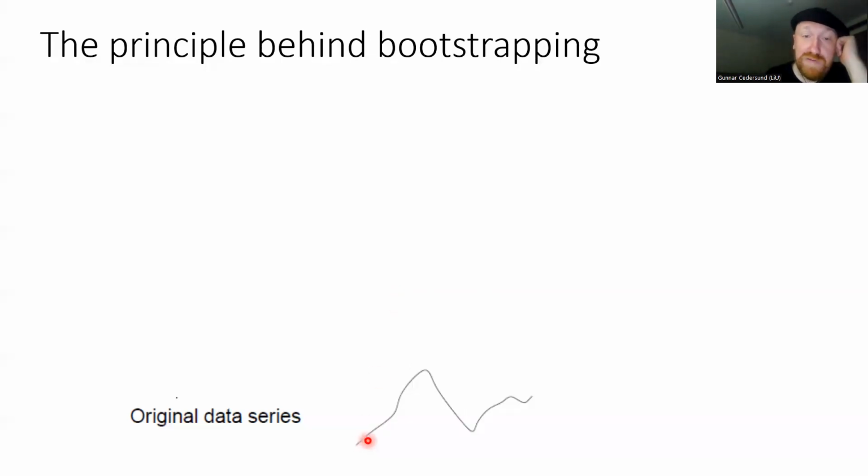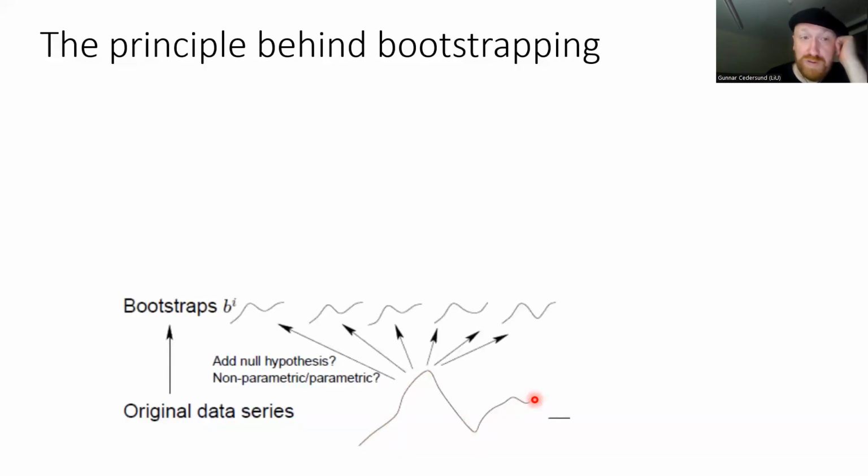So it basically says, if you have some original data series and you have some property that you want to determine, then you can create a number of bootstraps, which are basically modified versions of the time series of the original data series. So you have some kind of property here, ypred or theta or whatever you want to call it, which you can determine using this optimization from the original data series.